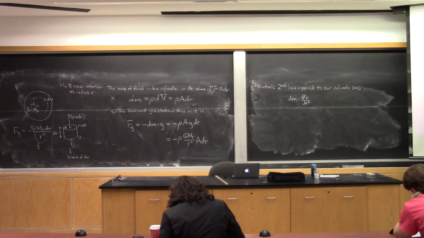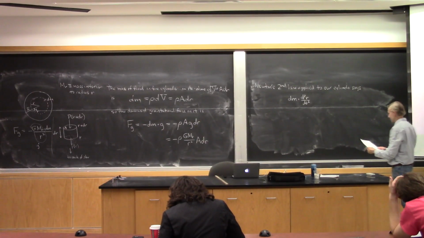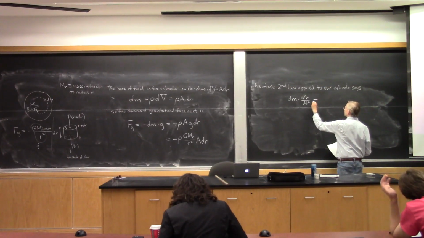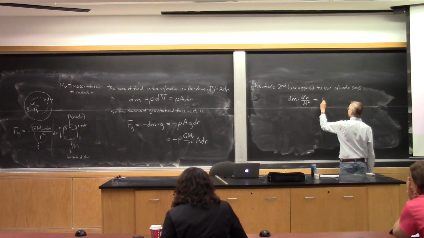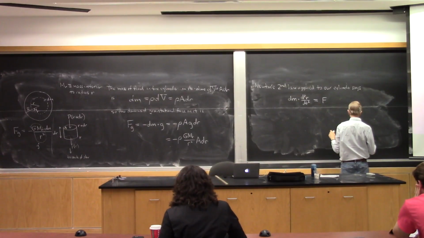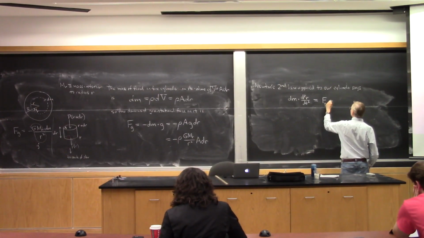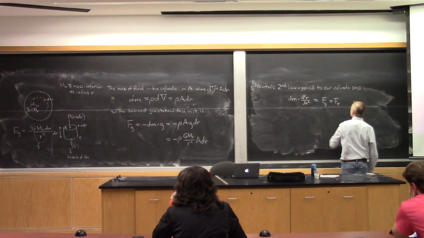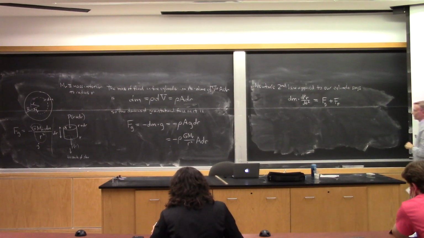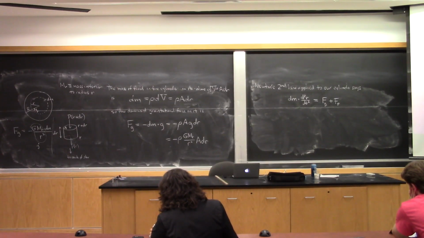Mass times acceleration is equal to the sum of the forces. It's equal to the gravitational force plus the pressure force, their algebraic sum, Fg plus Fp.